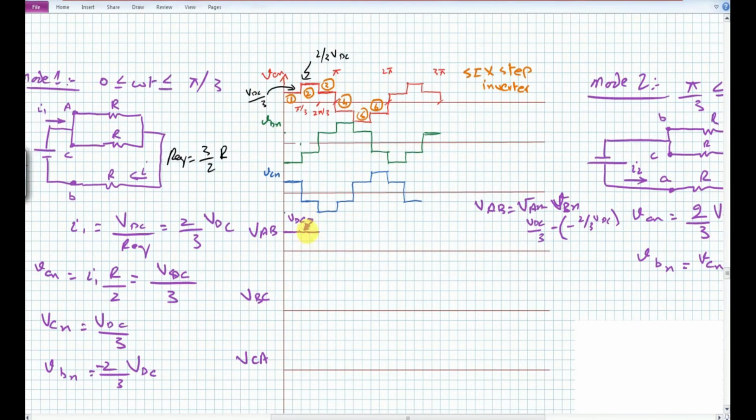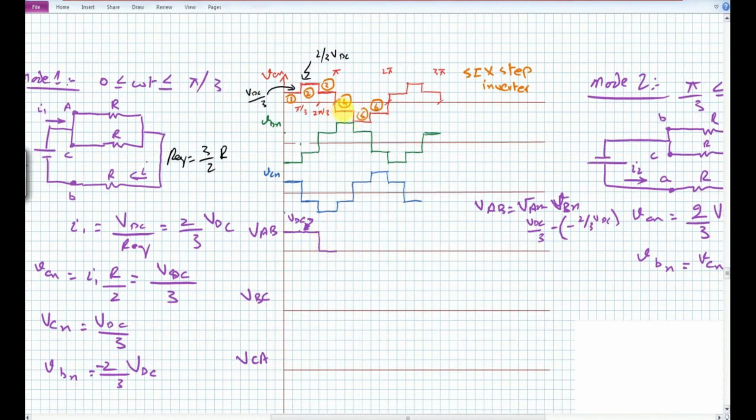So now we have the VDC available for 2 by 3 pi of the positive half cycle. For this time interval number 3, we have VA of n equal to VDC by 3, and we also have VB of n equal to the same voltage VDC by 3, and now this is a positive side, so we will not see any voltage for this particular time interval.